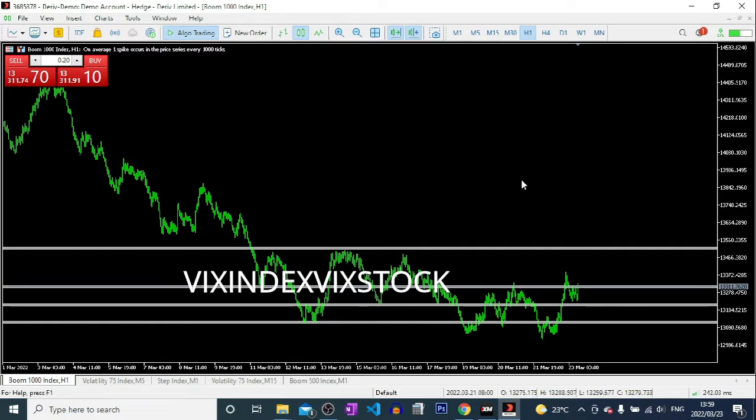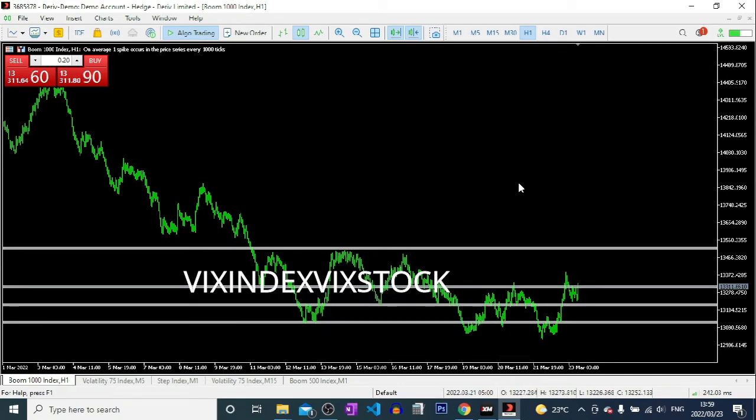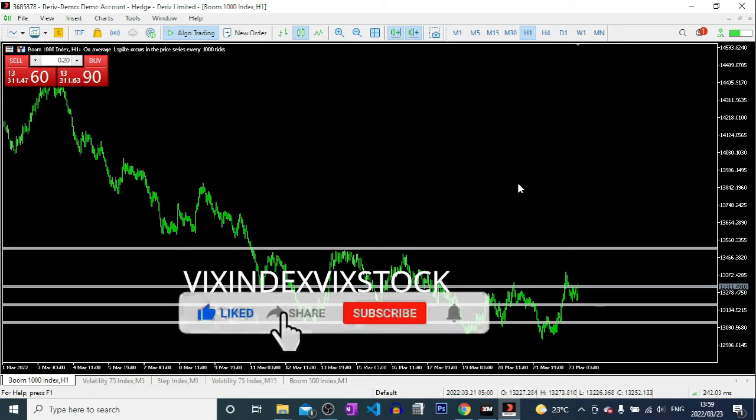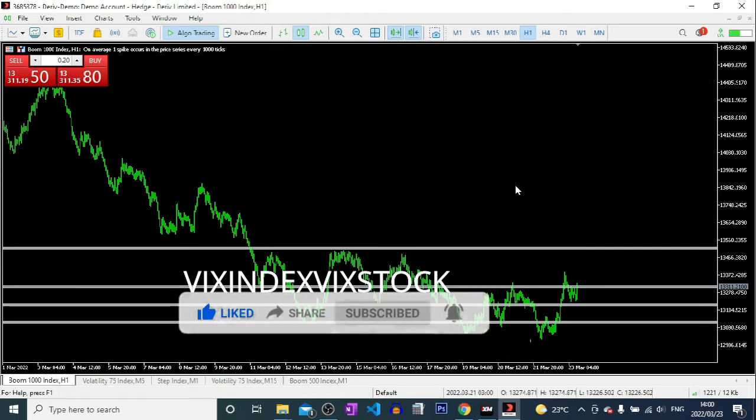So the best time to be trading boom and crash is basically when you've got time to look at your charts and to actually place trades. Otherwise, whether you wake up at midnight, early in the morning, or during the day, whether you find free time at 10 a.m., at 12 p.m., 1500 hours, every time is the best time to be trading boom and crash as long as you spot an opportunity.